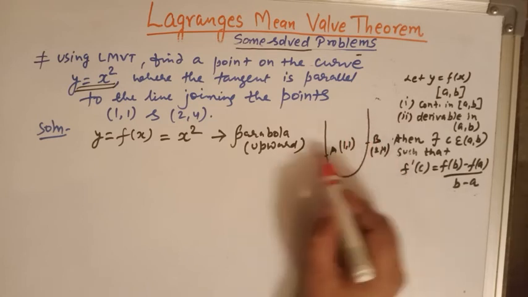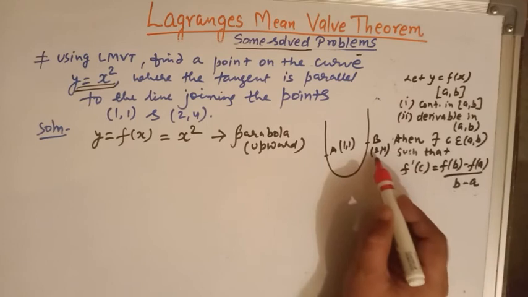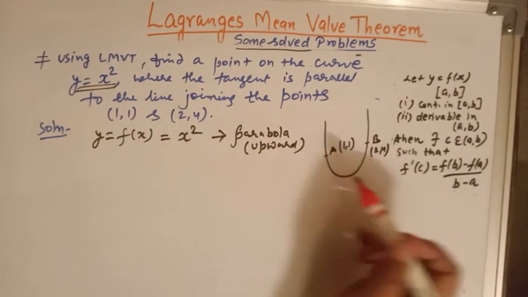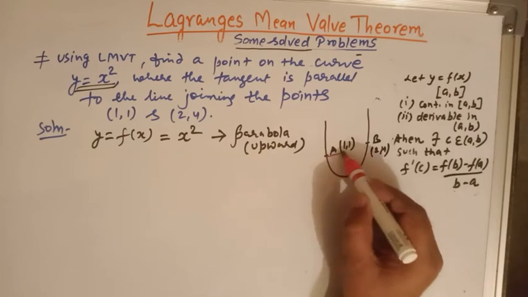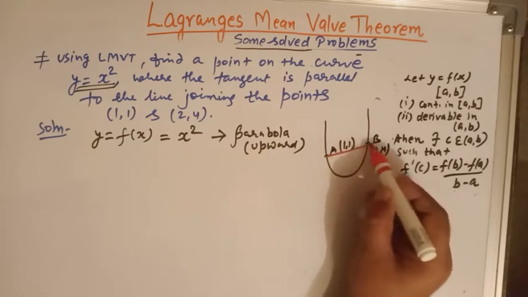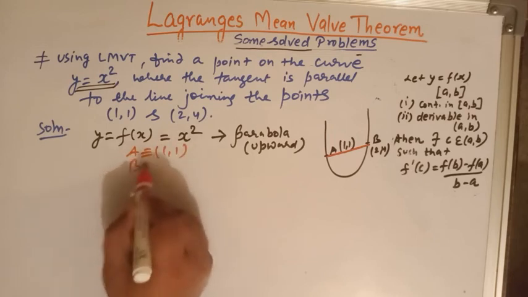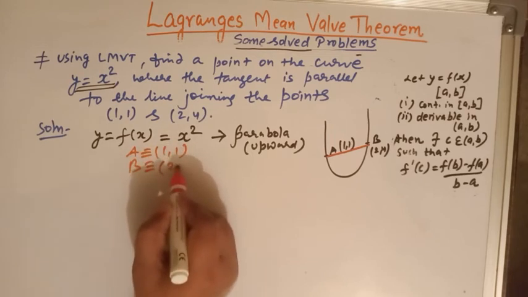We have to find where the tangent is parallel to the line joining A and B.